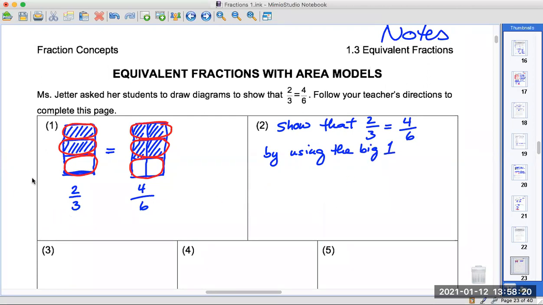So we can say 2/3 times, because it's expanding, what am I multiplying with to get to 6? The multiplication here is 3 times 2, right? 2/2 is the big one.